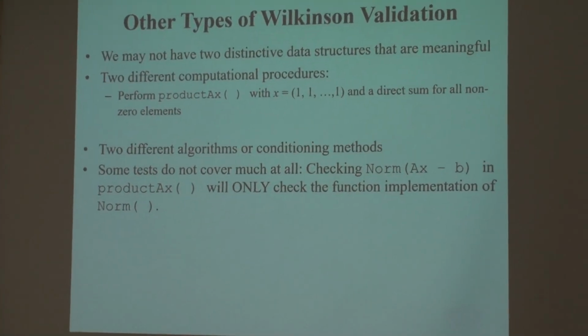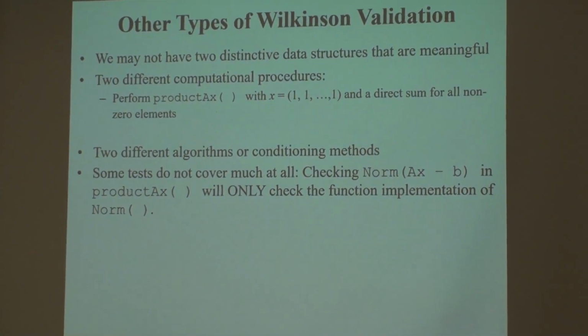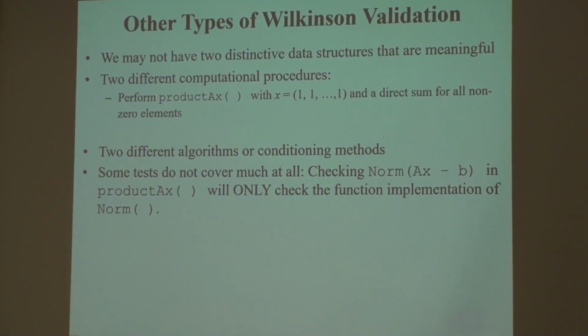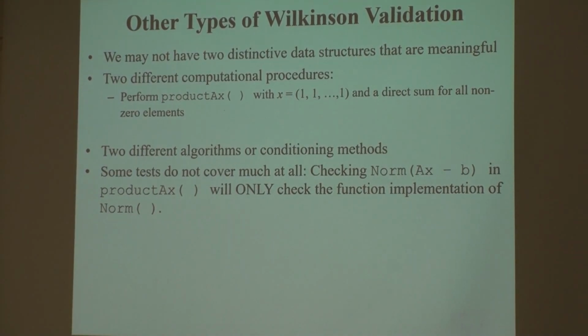I'm just showing that not all tests are good. This is a dumb example. Checking the norm of Ax minus b for the product Ax is a totally unnecessary check because it didn't check anything except how your norm is implemented.